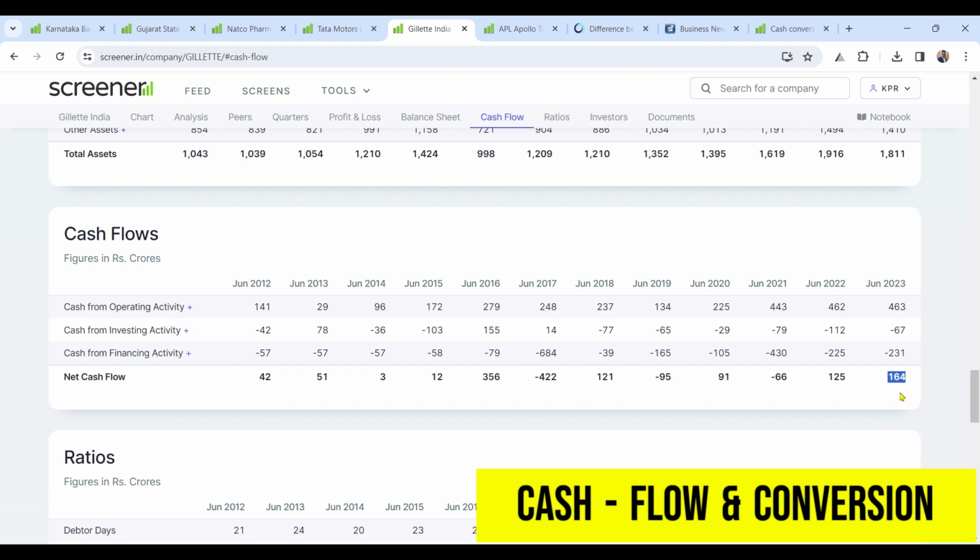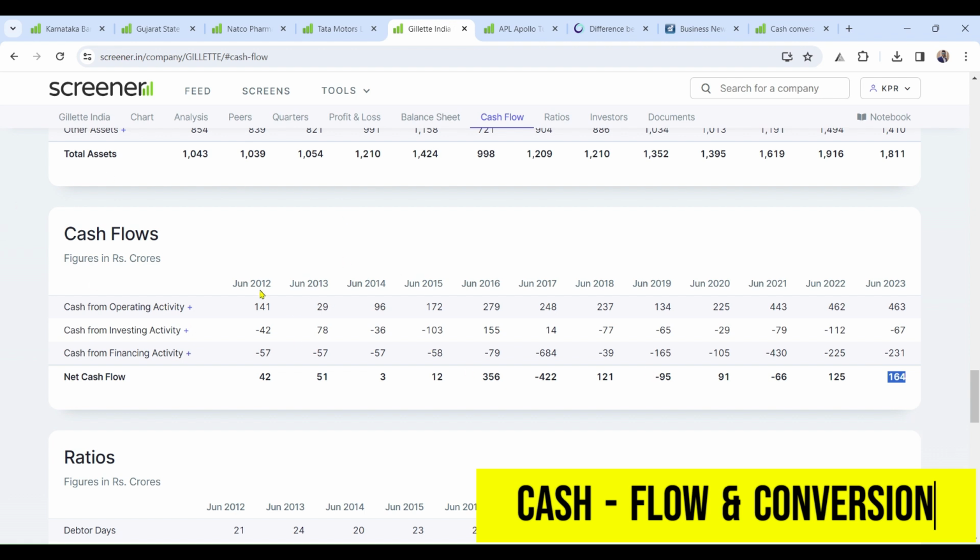So basically, outstanding cash in hand, the company is having 164 crores. This is also something we need to analyze and see whether the company is having enough cash in hand, so that they can play safe. So cash flow management, how the company is managing, is also an important factor.